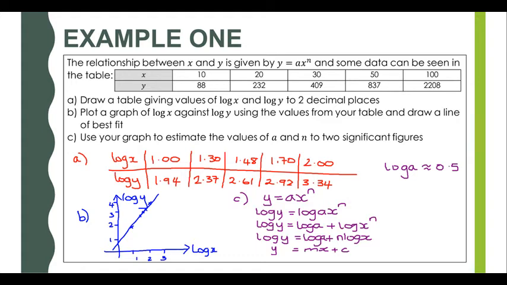And using our log rules, this tells us that a is equal to 10 to the power of 0.5, which is approximately equal to 3.16 or 3.2 to two significant figures.